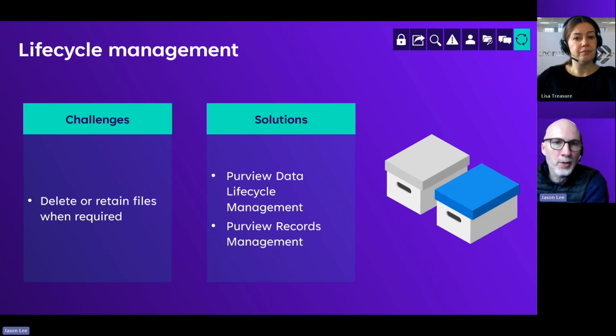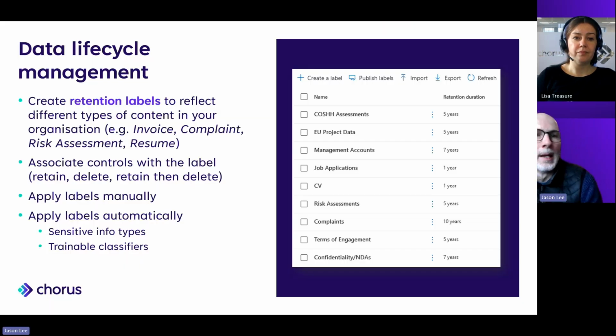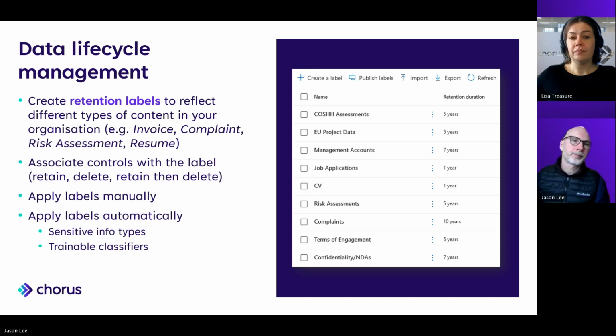We've got a couple of solutions, quite closely related solutions for doing lifecycle management. We've got Purview Data Lifecycle Management and Purview Records Management. So data lifecycle management is all about managing how long information is kept, and you do that by labeling it either manually or automatically.